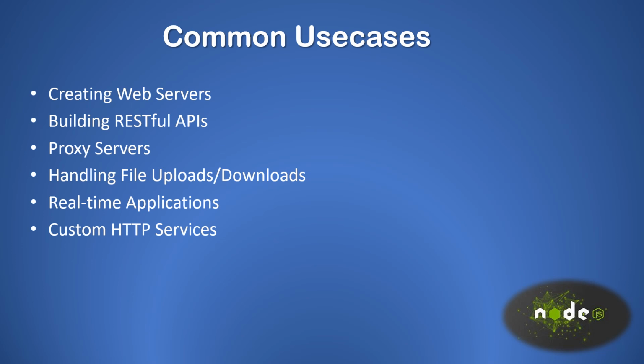Then last, custom HTTP services: build custom HTTP services that don't rely on full frameworks like Express, offering more granular control. A microservice example would be one handling a specific lightweight task in a larger system.